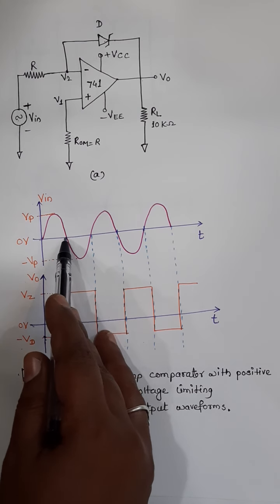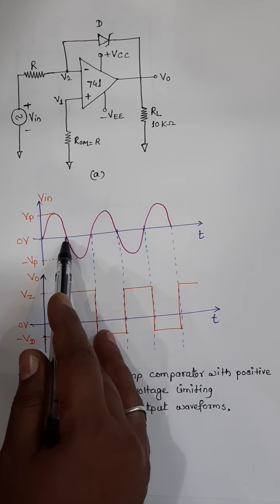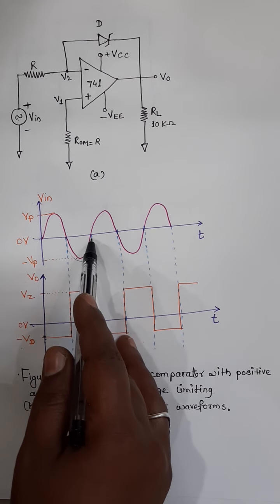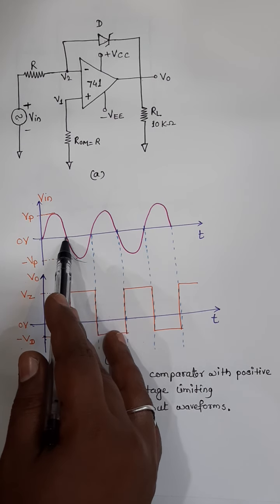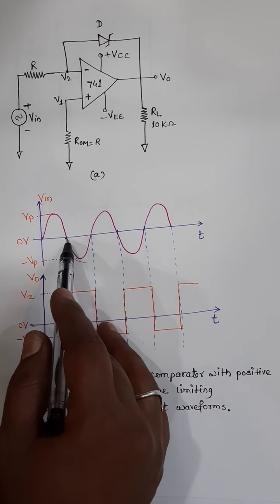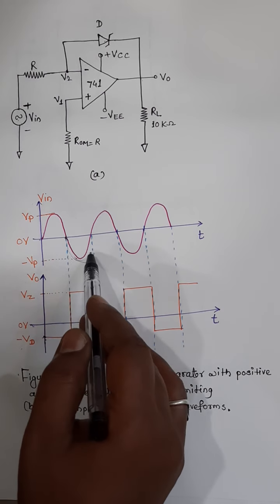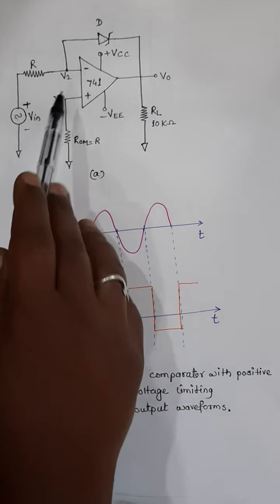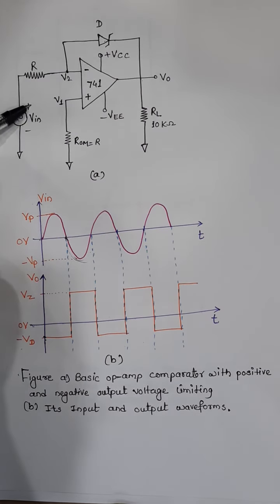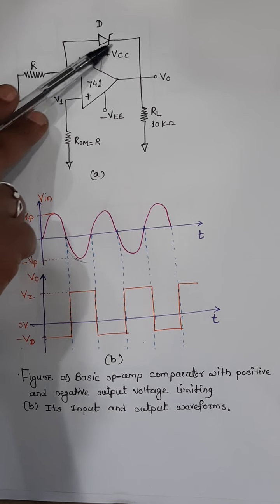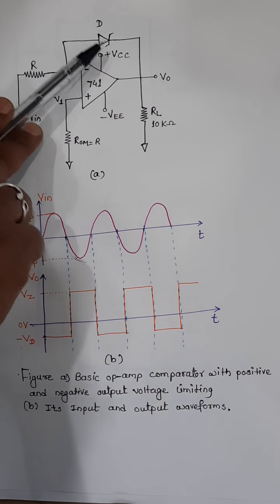When input completes its first positive half cycle, crosses 0 and comes into the negative direction, increases in this direction, diode D is in reverse bias.